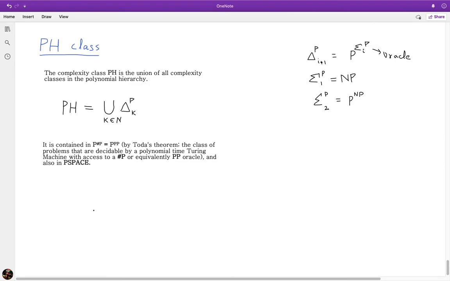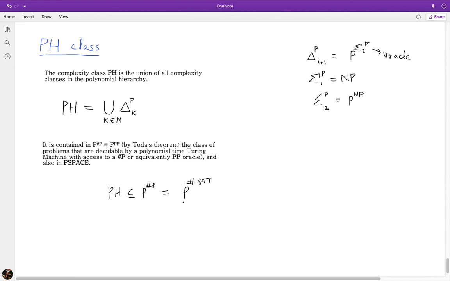One of the important facts about the class PH is that it is contained in P to the hash P. So PH would be a subset of this class P to the hash P, meaning polynomial reducible if we have a hash P complete oracle, which would be like P to the hash SAT.